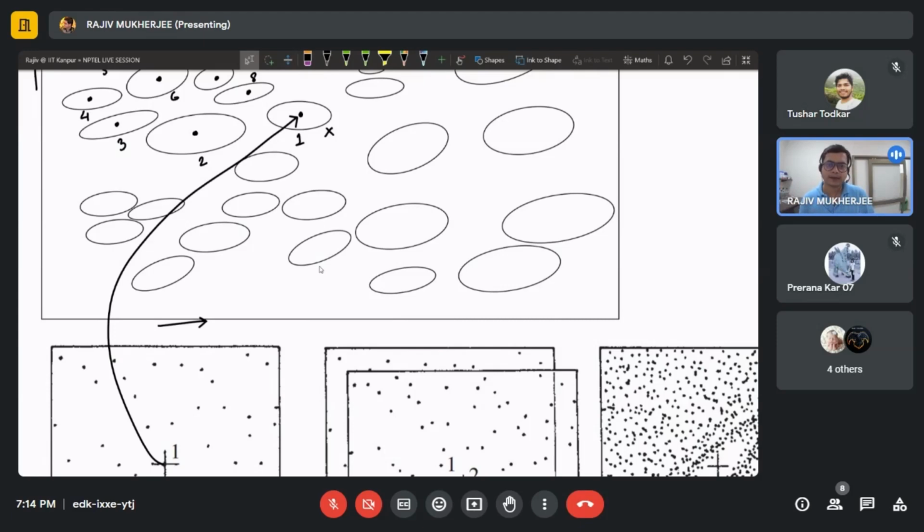After doing all these things, we place the central point of the tracing paper on the center point of the first ellipse like this. So this cross will be pressed over here.